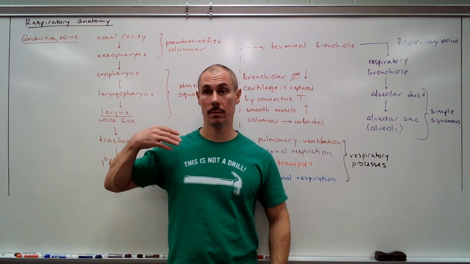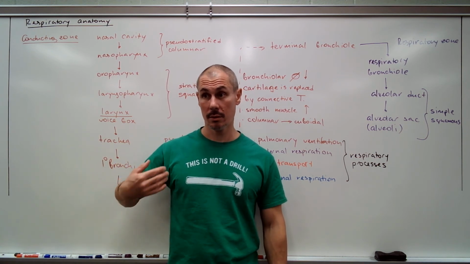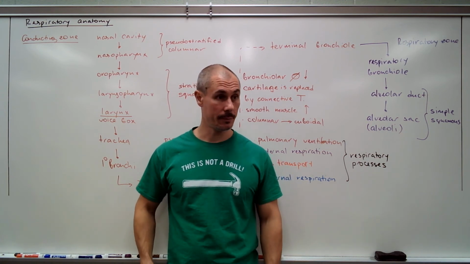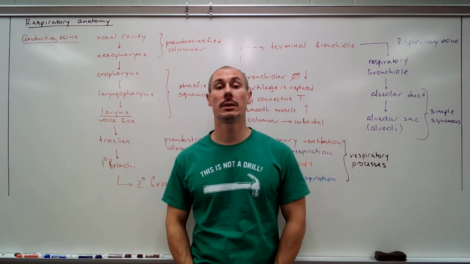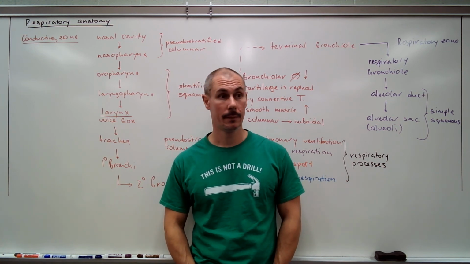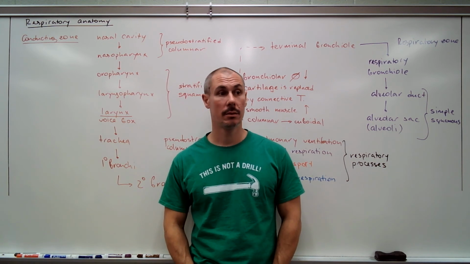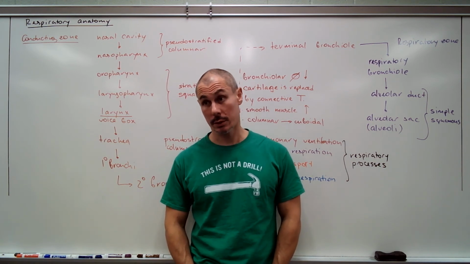Lobes are called superior, middle and inferior for the right, and superior and inferior for the left. Does that make sense? The lobe part. Lobes are further divided into what's called bronchopulmonary segments, smaller chunks of lungs.